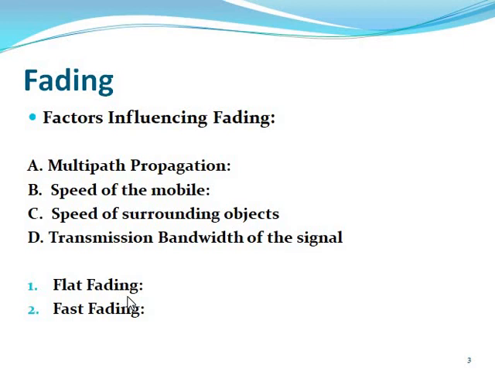There are many more fadings, and they affect data transmission or the propagation mode when we transmit data or any other signal. At that time fading occurs, or some problems occur.